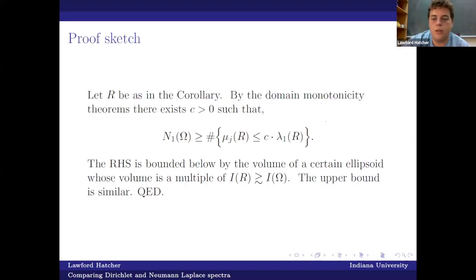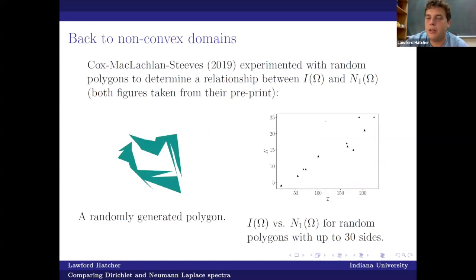Okay, so next I want to talk more about non-convex domains for a moment. The non-convex domains that I showed you as counterexamples are pretty pathological domains. If you look back at the preprint that motivated me to work on this, by Cox, MacLachlan and Steeves, they have some pretty compelling evidence that there is still some sort of relationship for maybe non-pathological non-convex domains.